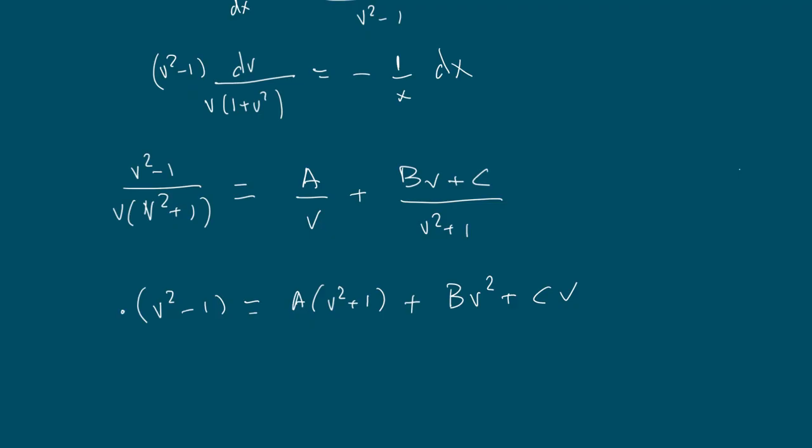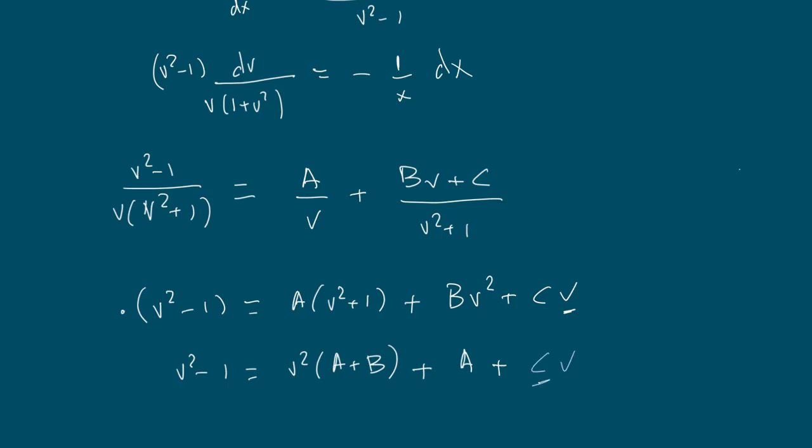It will be v squared minus 1 equal v squared multiplied by (a plus b), plus the term in v, that is c times v.